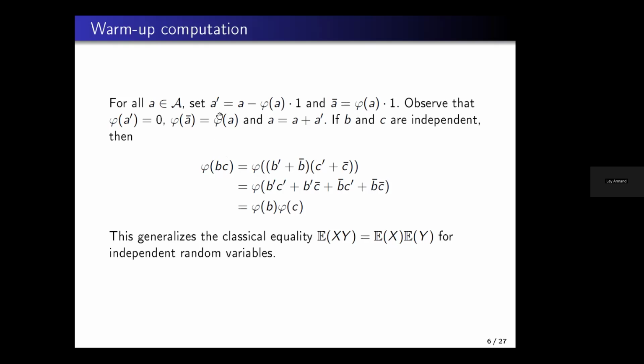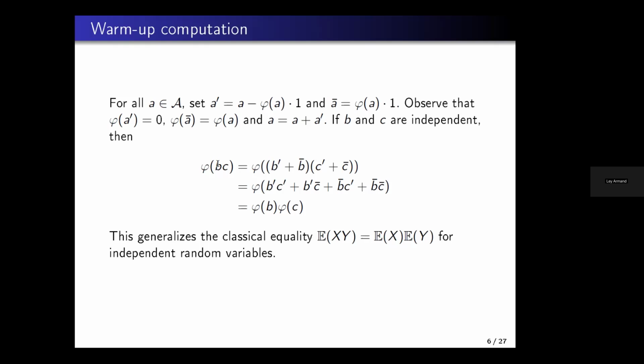You can write a as the sum of a bar and a prime. And phi of a prime is, of course, centered, and phi of a bar is equal to phi of a, just by the property of linearity. So this small rewriting will allow us to do some computations.